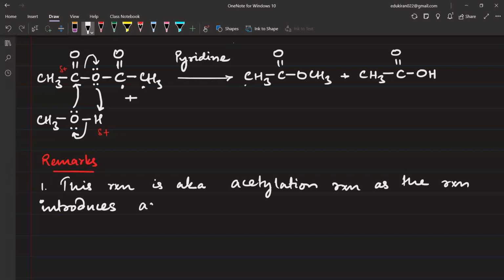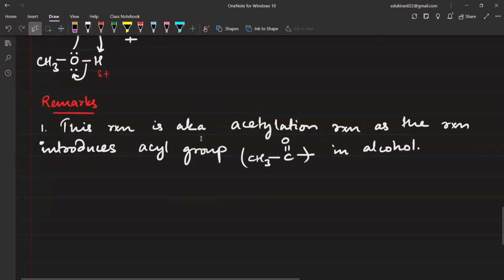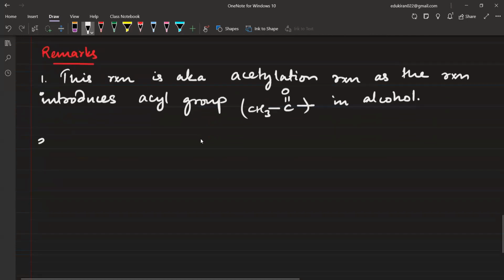So it introduces the acyl group, that is CH3 C double bond O. Okay, this is the acyl group, introduced in alcohol. Right, next point.